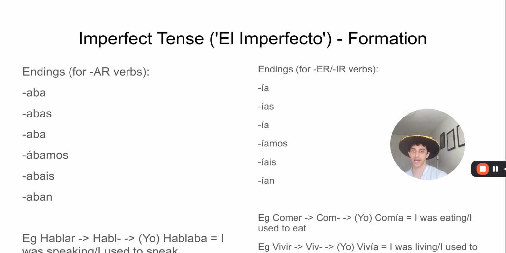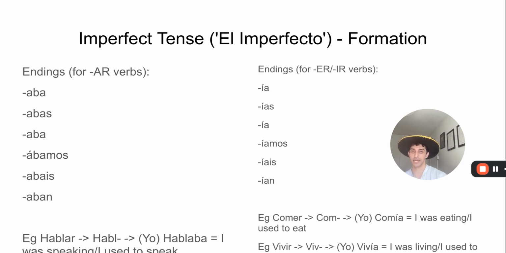So those are the endings for AR verbs on the left-hand side. You can see that on the right-hand side, we have a different set of endings for ER and IR verbs. And both ER and IR verbs have the same set of endings as each other. But they are crucially different to the endings used for AR verbs.